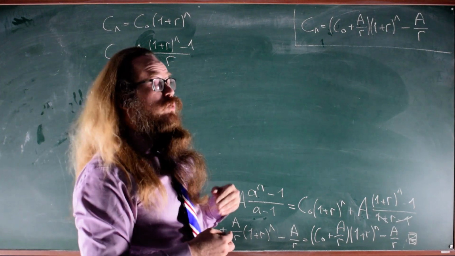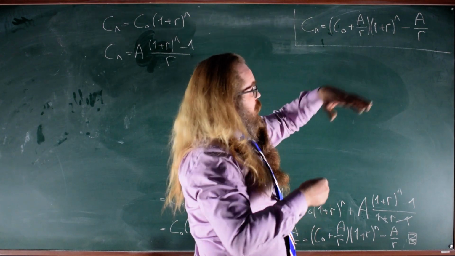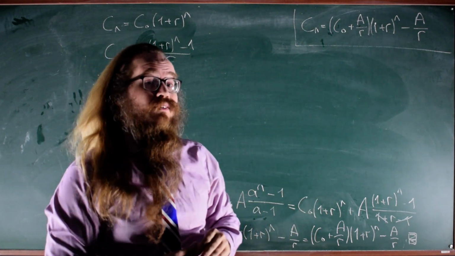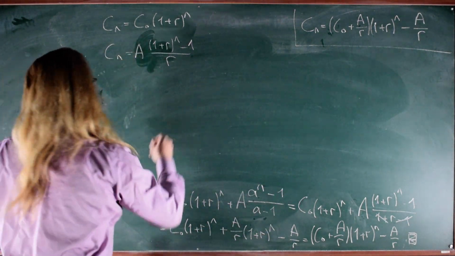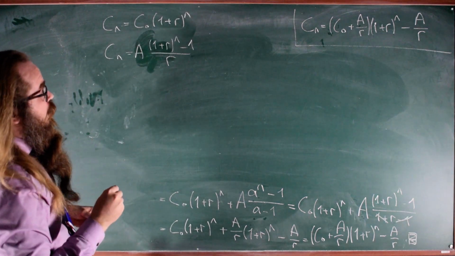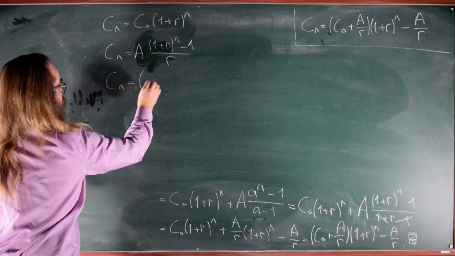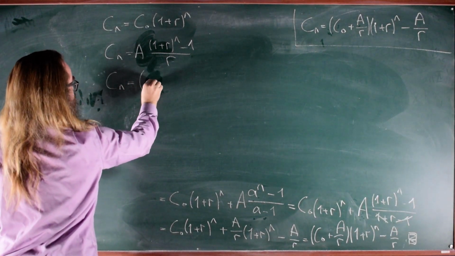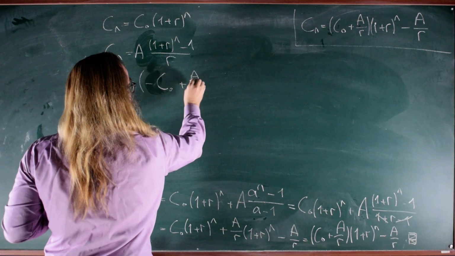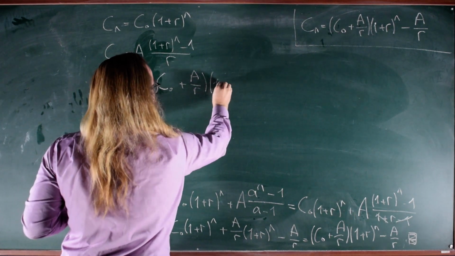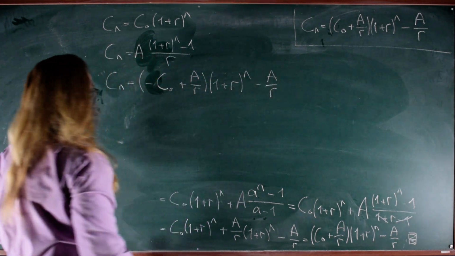What if we have an annuity loan? Well, an annuity loan is just an annuity where the initial capital is negative, and that is the only difference, really. So that means that we have some negative number here, 0 minus a over r, times (1 plus r) to the power of n, minus a over r.